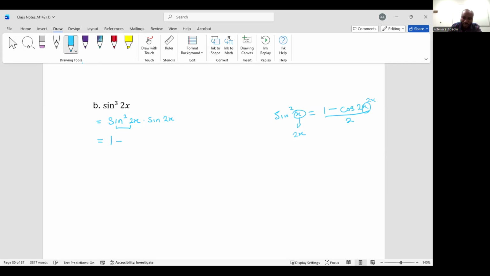So I have 1 minus cosine of 4x divided by 2 multiplied by sine of 2x. I can leave my answer that way, because everything now is in power of 1. So there is no square anywhere again. I will just leave it that way. There is no need to do more.